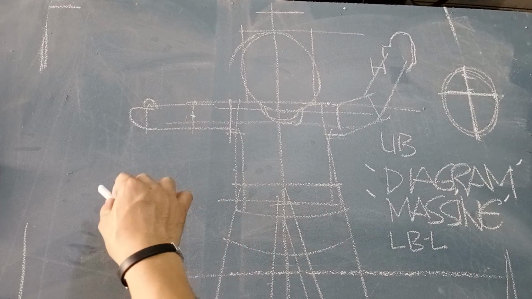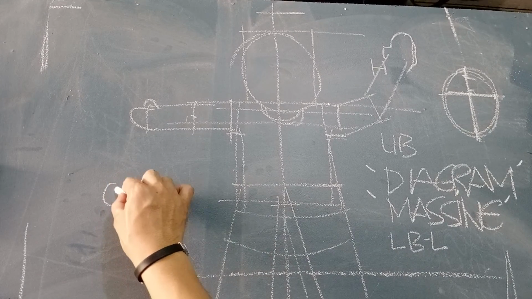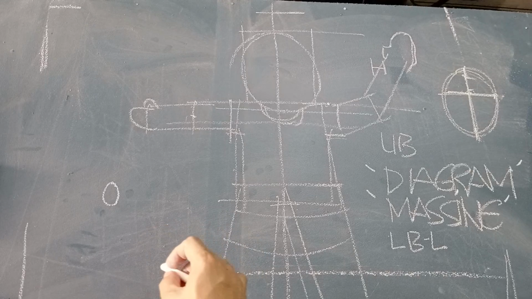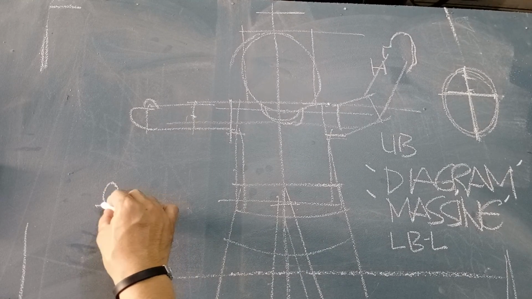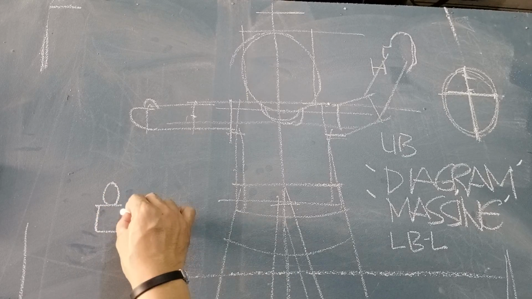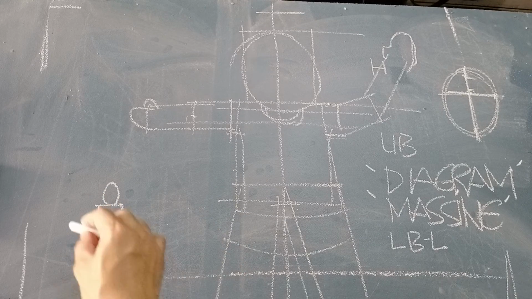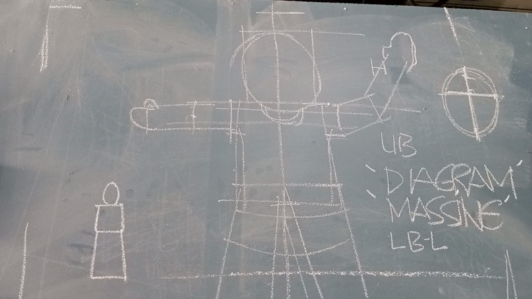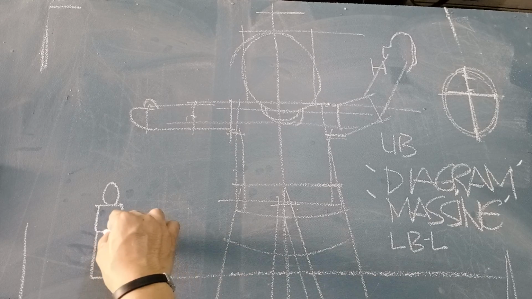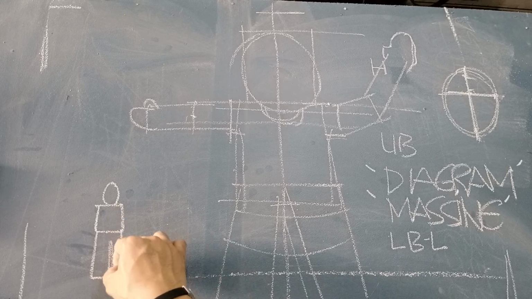So for example, as we just discussed a while ago, we first identify the head, and we also identify the upper body. Simple as that, and then the lower body. That's simple.